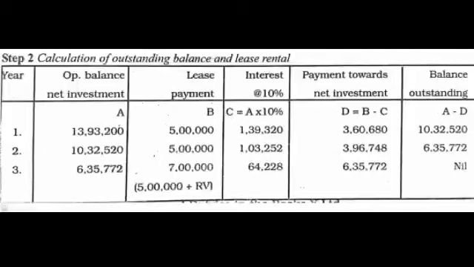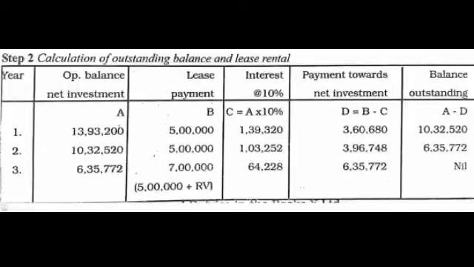Here we can see that the payment towards net investment is increasing year by year, and the amount of interest is decreasing year by year. That's the difference between payment towards investment and interest.